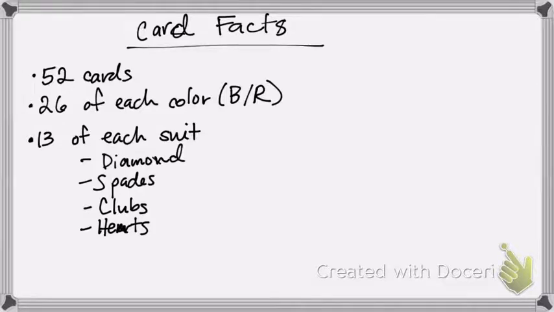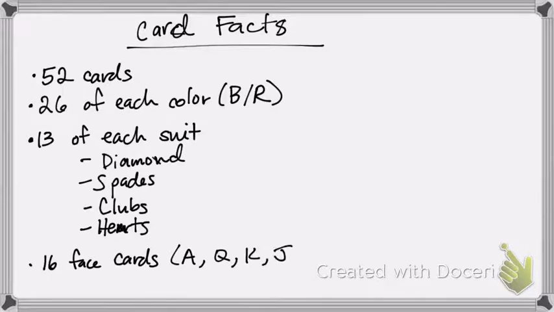Within that, you have 16 face cards, so ace, queen, king, jack. Well, ace is considered one of the non-number cards. They will normally specify whether they're counting ace or not. Jokers don't count.